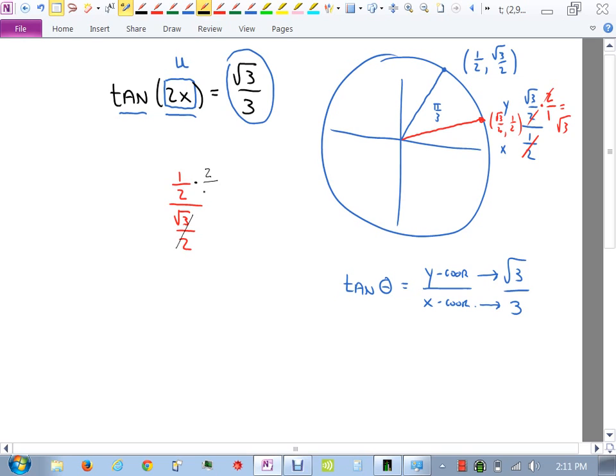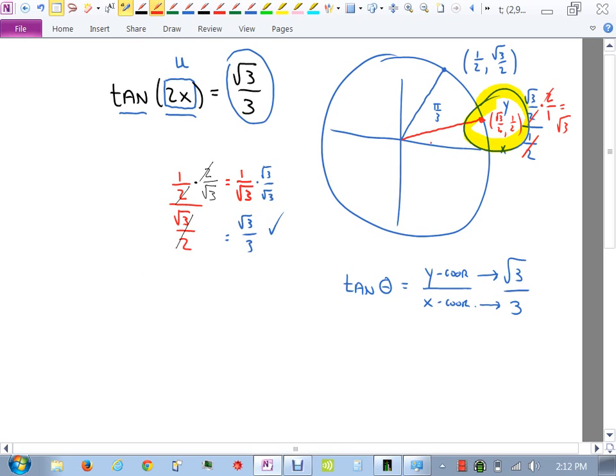It'll be 2 over root 3, which cancels out the 2's, and I'm left with just 1 over root 3, which still isn't what I want. However, I can rationalize by multiplying top and bottom by root 3, and that gives me 1 times root 3 on top, and then root 3 on the bottom is 3. That's what I wanted.